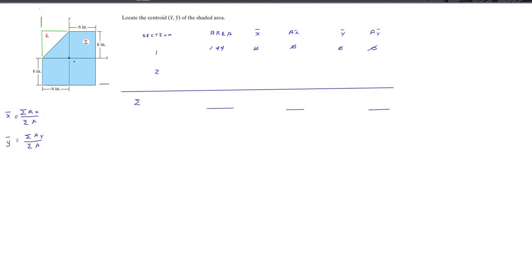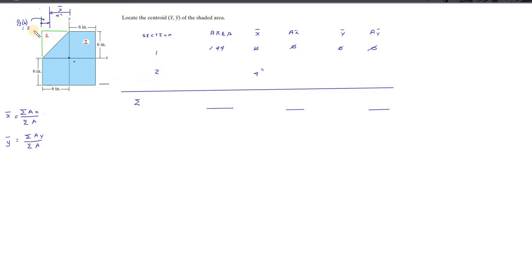So if I'm going to compute the X bar for this triangle, now we know the entire side here is 6 inches, but what's this distance here? Well, we know it is 1/3 the entire distance, which is going to be 6. So this distance is going to be 2 inches, so my X bar would be 4 inches.